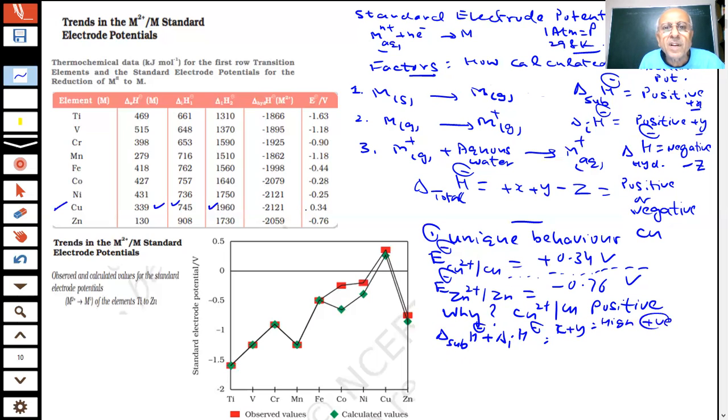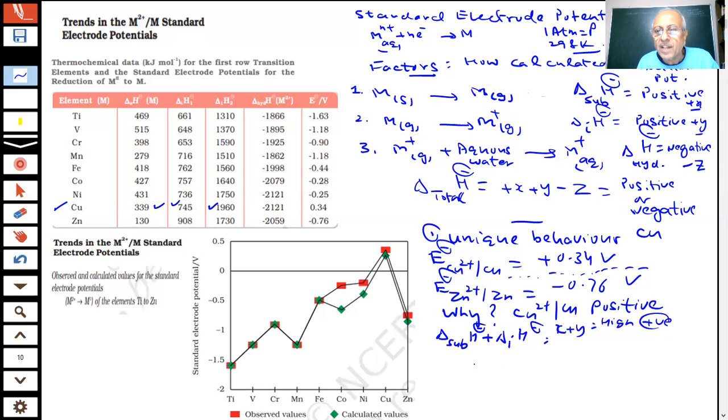And what do you find in hydration enthalpy? Where is copper? Minus 2, 1. So hydration enthalpy is not that high to compensate it. It is okay, but not that high. Hydration enthalpy of plus 2 is more than plus 1 for copper, so plus 2 is more stable than plus 1 in solution.